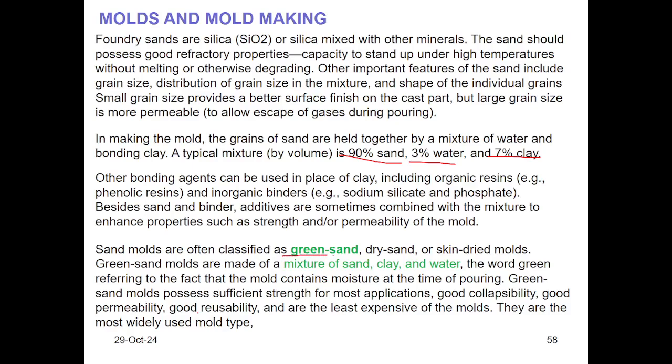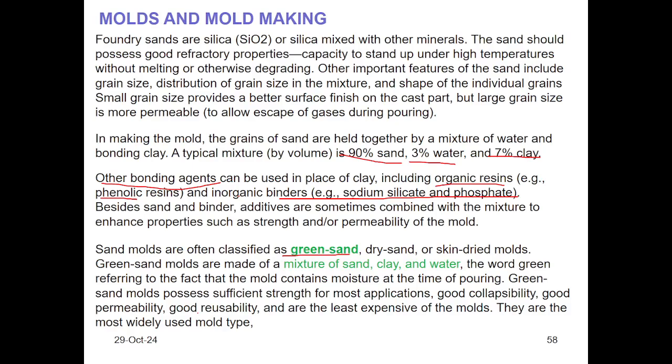Yes, green sand mold. But instead of using water and clay, if we use organic or inorganic chemicals as bonding agents, for instance phenolic resin, which is an organic bonding agent, or sodium silicate and phosphate, which are inorganic binding materials, then the mold is called not green mold but dry mold.